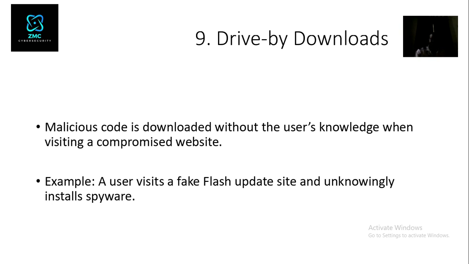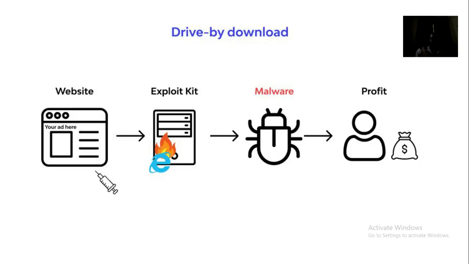Most of this is done through what we call RATs, remote access Trojans. It could be sent to you via a link or a picture, but once you click on it, a keylogger or malicious software is installed on your device without your knowledge, and everything about your system is monitored.